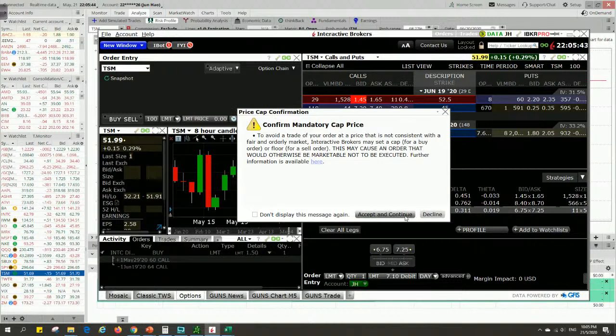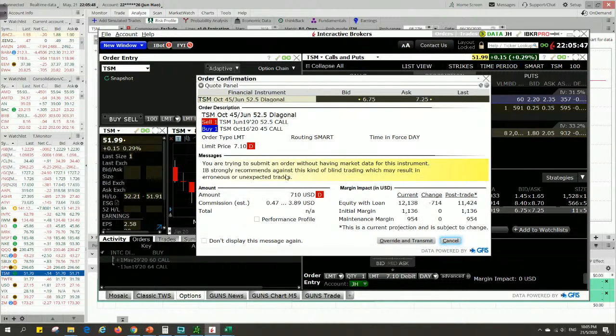It's being hidden. I do not have live data. Yeah. So this will take out $710 from my account, and this is commission. And let's double check. All right. Sell a short dated call expiring 19 June with a strike of 52. Long a deep in the money call that's expiring 16 October 2020 with a strike of 45. All right. So this will make up our diagonal spread.